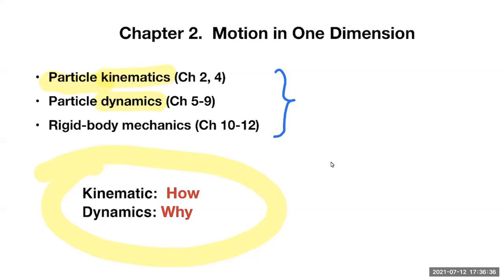The word particle in the current context is a simplification of the real world in the sense that we're looking at something with only position, but no shape and no size. Now remember, there's no such thing as only a point with no shape and no size.